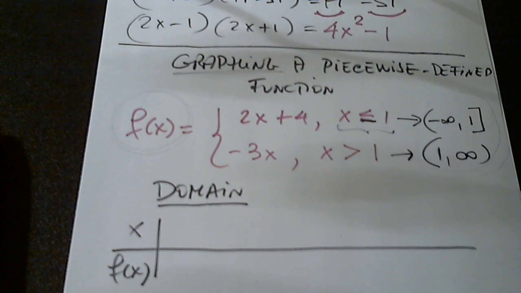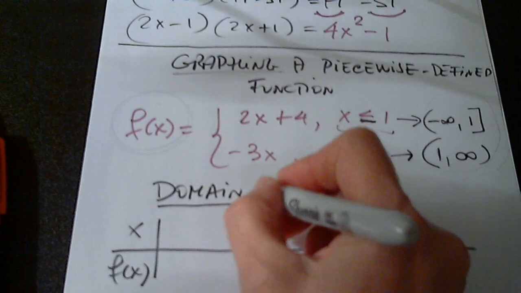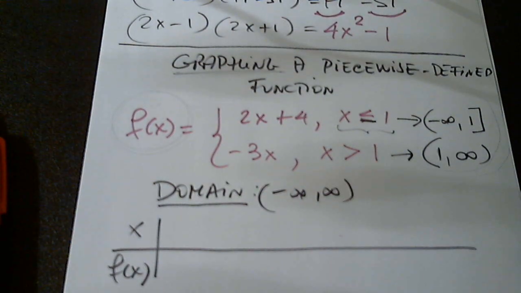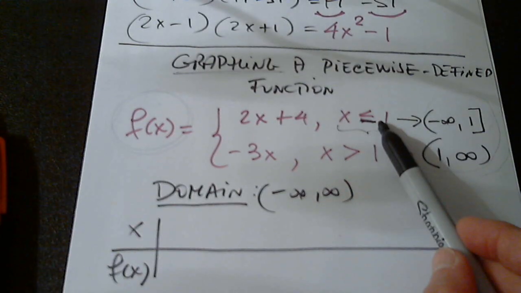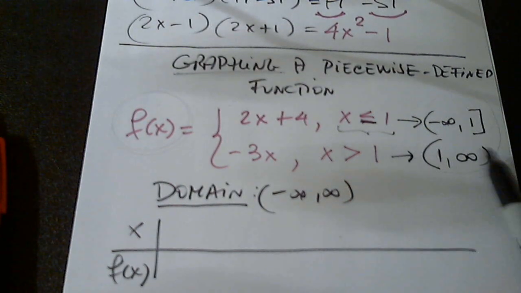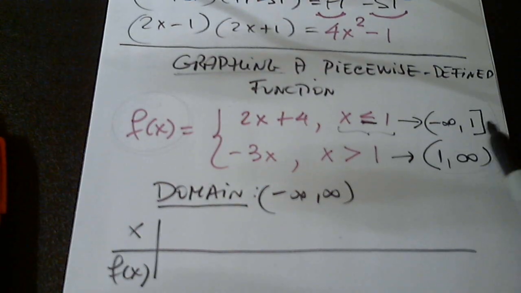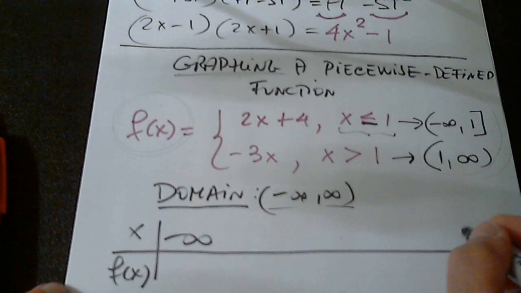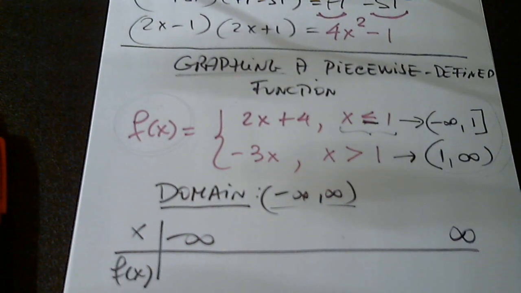The domain is? All real numbers. Brilliant. Thank you. So the domain is negative infinity to infinity. Nothing is missing. Everything to the left of 1, including 1, and everything to the right of 1, not including 1, but 1 is here. Excellent. So this is a domain that I have to put in the table.